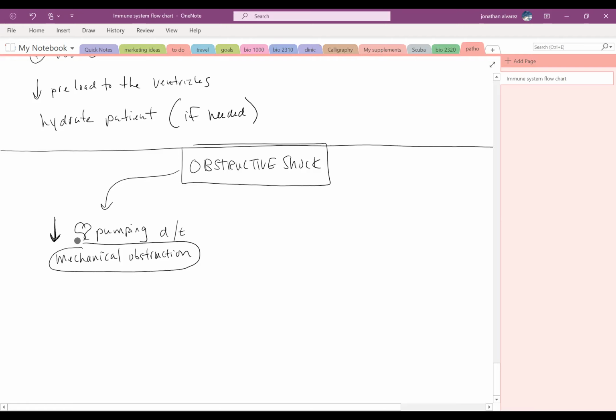So an example would be pulmonary embolism and cardiac tamponade.